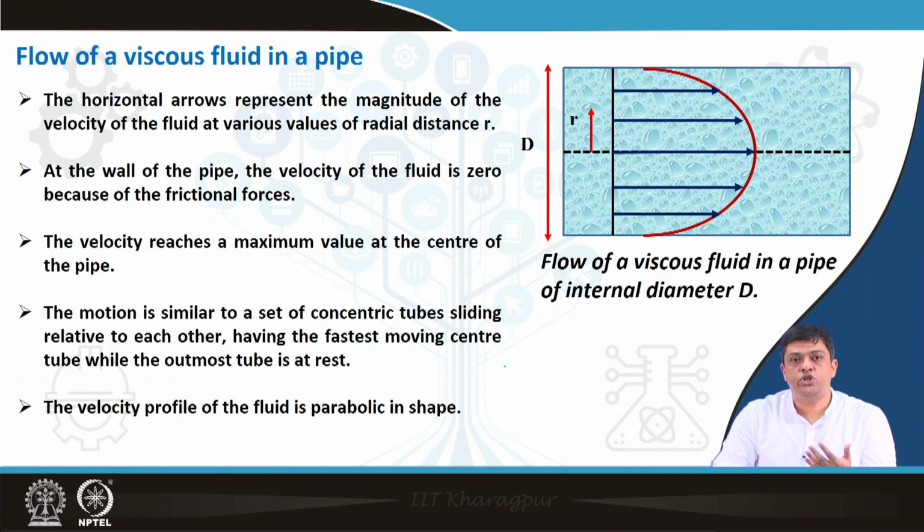Here the motion is similar to a set of concentric tubes sliding relative to each other, and having the fastest moving center tube while the outermost tube is at rest.